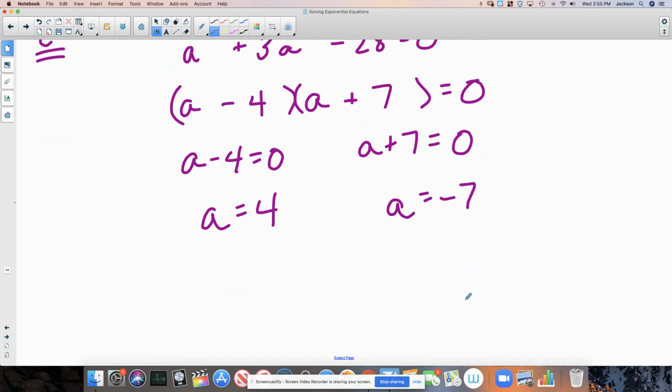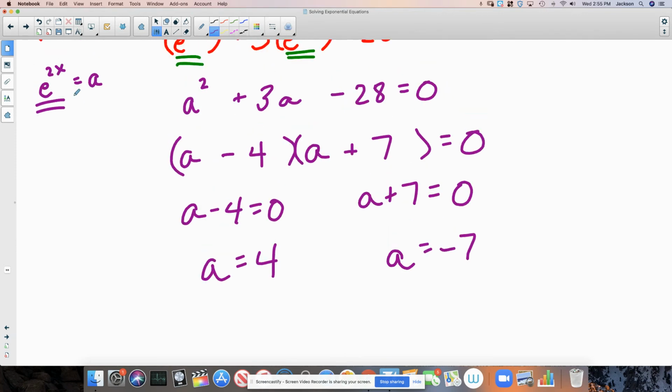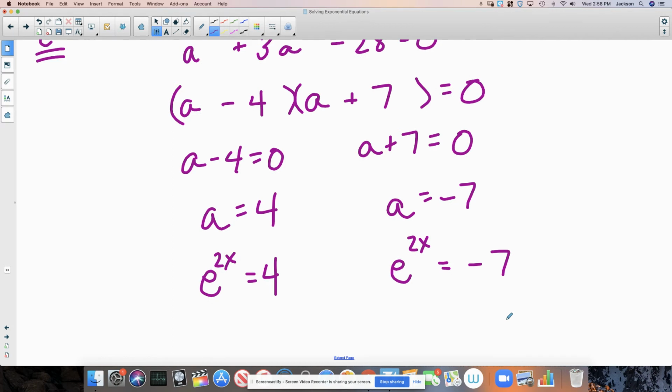So I have my two values of a, then I bring this back in. If a equals 4, it's actually e to the 2x, which is equal to 4. And over here, e to the 2x is equal to negative 7.